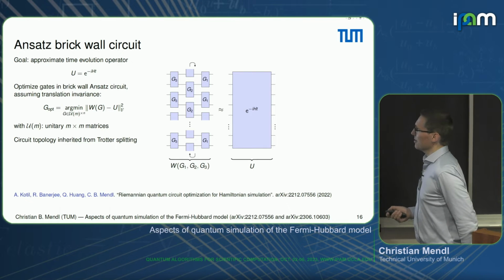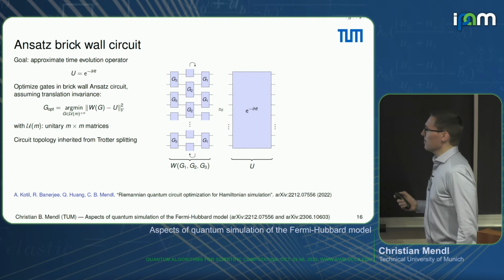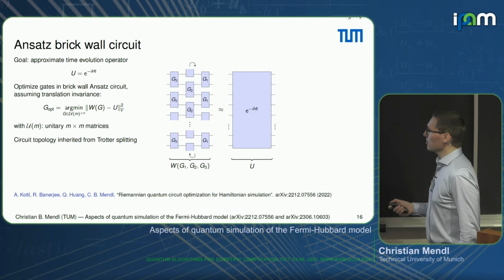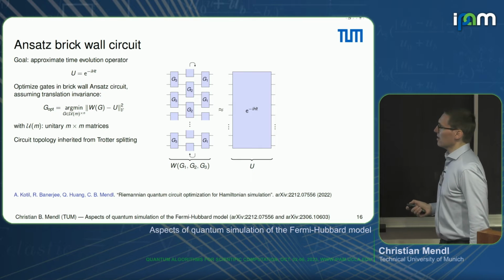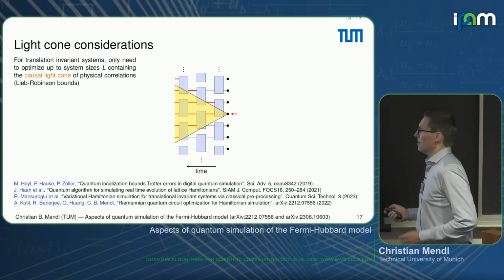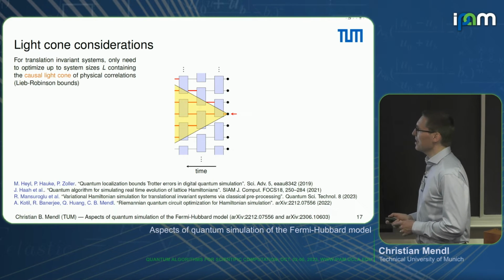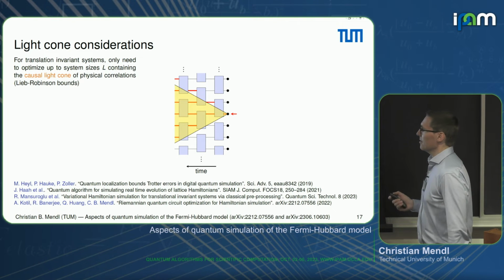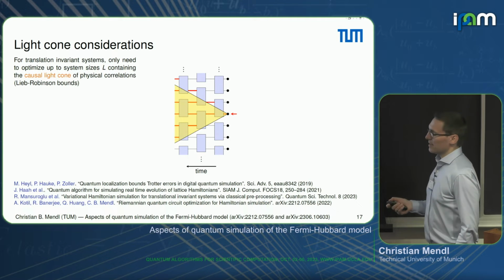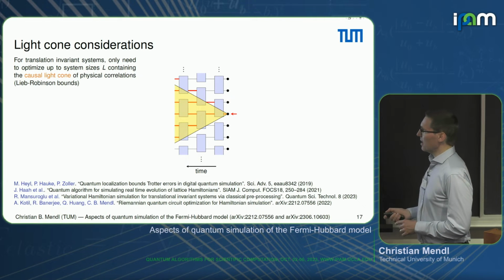And then the question is, how do we do this in practice? But before I come to that, I want to say a few words about this translation invariance. This has to do with light cone considerations, because what we hope to do is to optimize the quantum circuit for a relatively small system size.